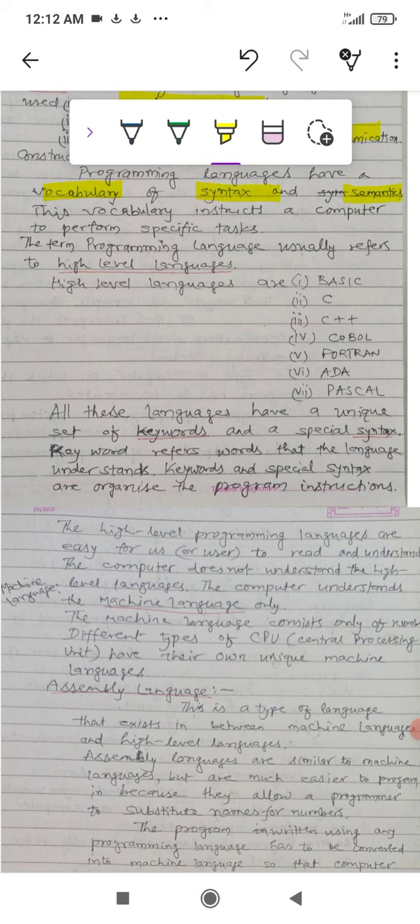This vocabulary instructs a computer to perform specific tasks.